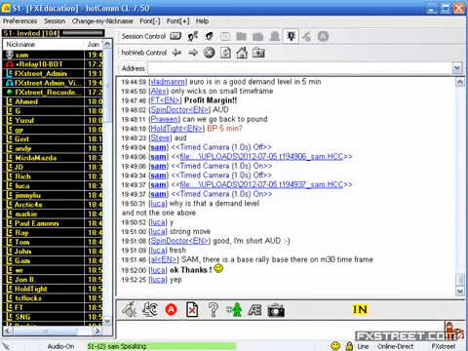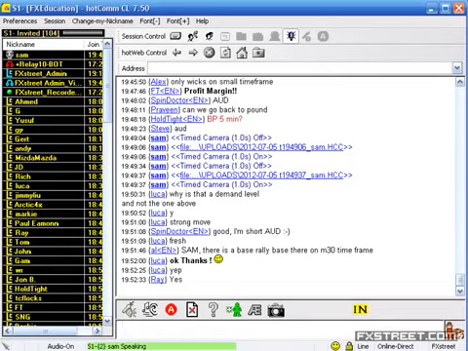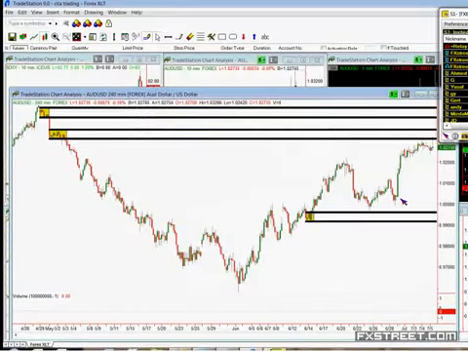So if most people out there are interested in buying here, and I agree with you that they would be, where's that group going to put their stop? Just below the area, which happens to be our fresh demand. Are you starting to kind of get it? So when most people are going to stop out of their long, which means a sell order, who's going to be on the other side of that trade?